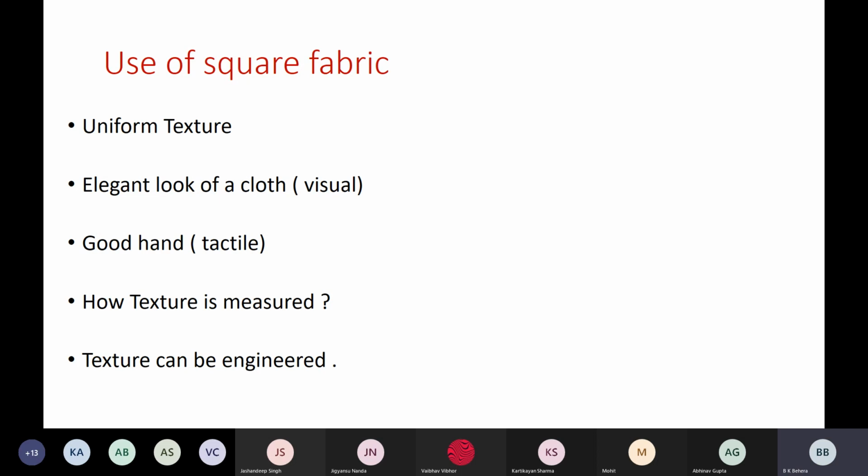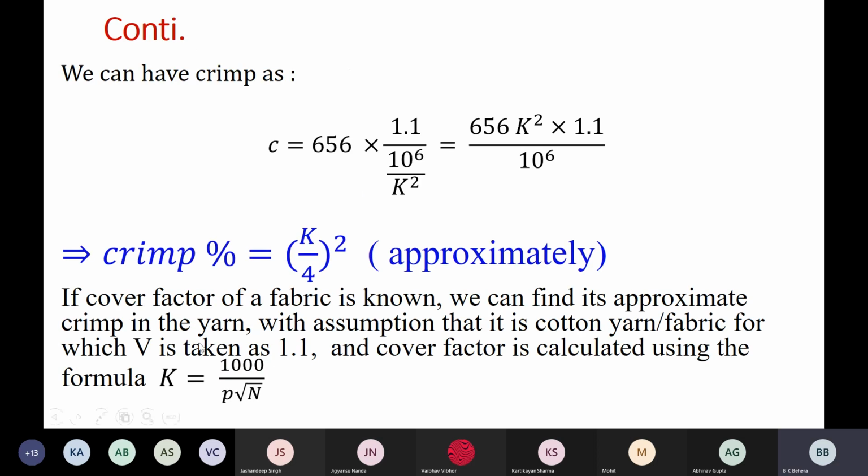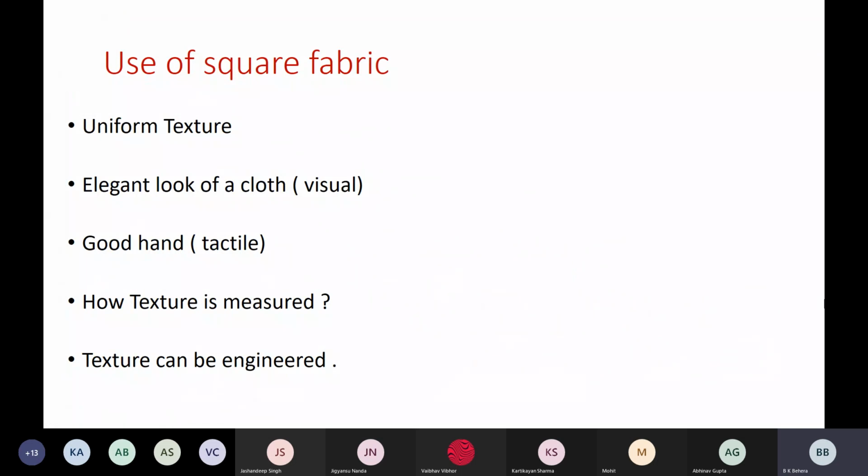Similarly, this is what we consider here, crimp and cover, because cover is something we see, and from it we find what this value should be for square fabric. The question was raised: what is the necessity to find mathematical relationships for square fabric?